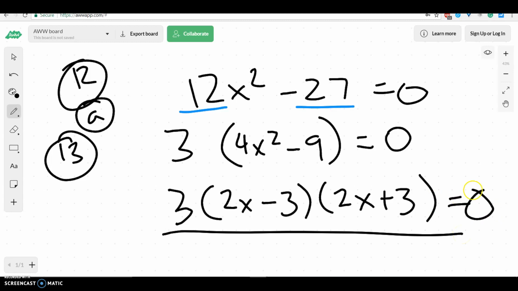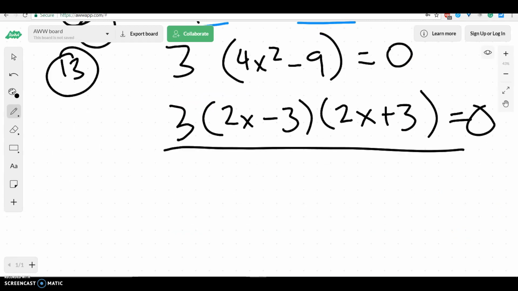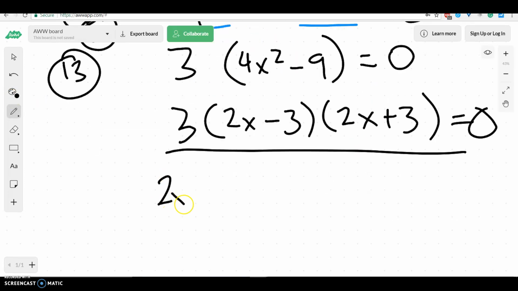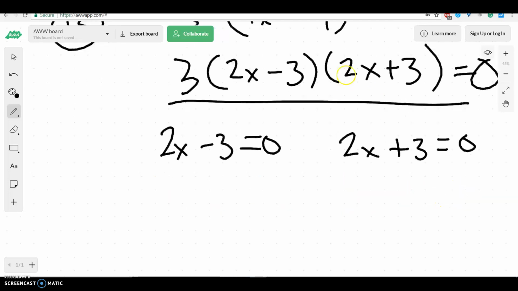Now if you want to solve, we just set everything equal to 0. Well, 3 doesn't have an x, so it's really not an answer. And if you look at this, we should only have 2 answers anyway. So our 2 answers are whatever 2x minus 3 equals 0 and 2x plus 3 equals 0.